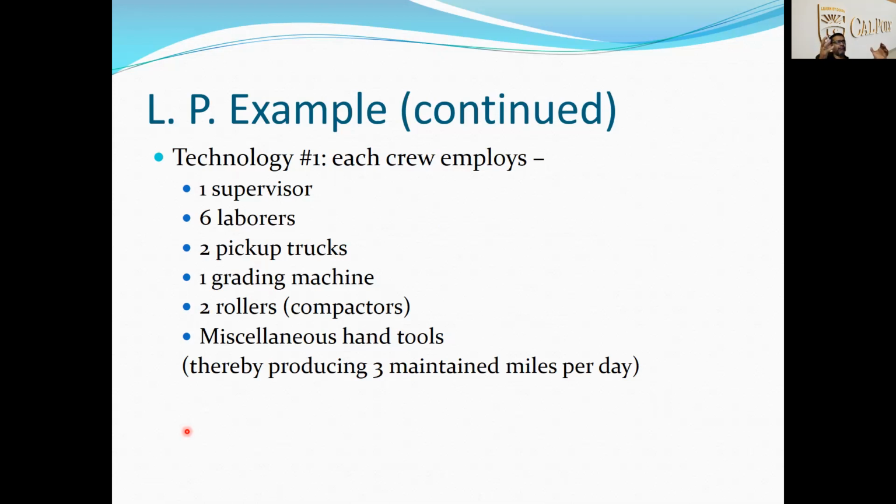You have to have 1 supervisor, 6 laborers, 2 pickup trucks, 1 grading machine, and 2 rollers, and miscellaneous hand tools. That all goes into technology number 1. And when all of these resources come together, they maintain 3 miles of road per day.